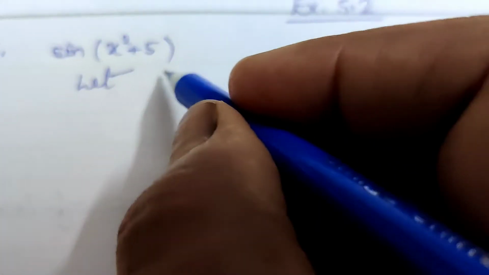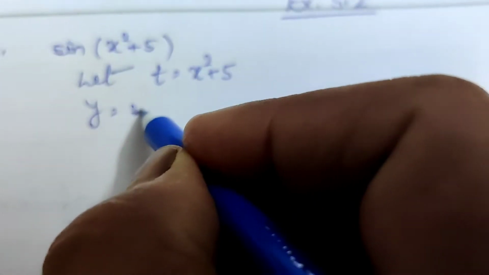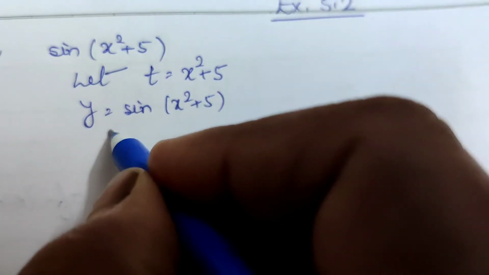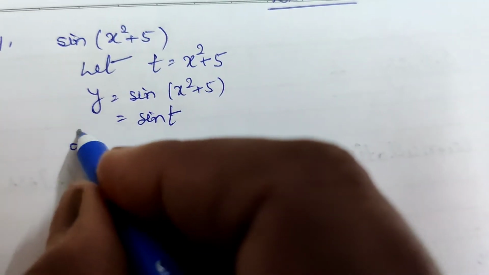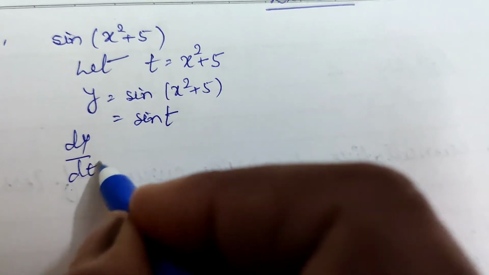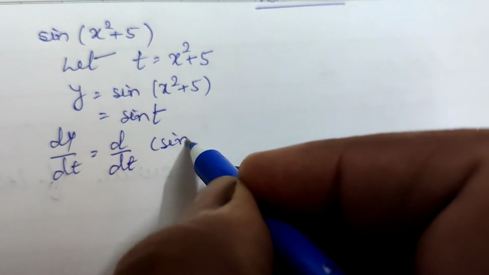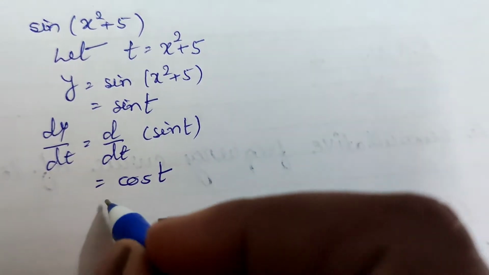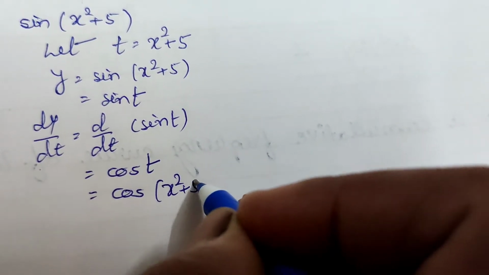Let t equal to x square plus 5. Now the function y equal to sin(x square plus 5) equals sin t. Now dy over dt, differentiate d over dt sin t, it is equal to cos t, and we can write cos(x square plus 5).